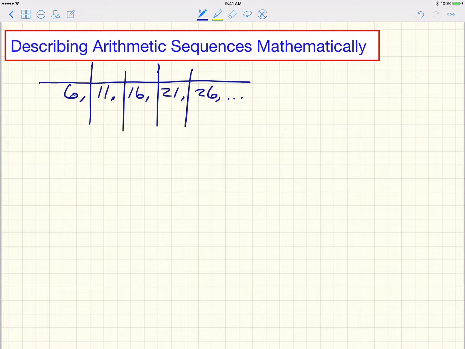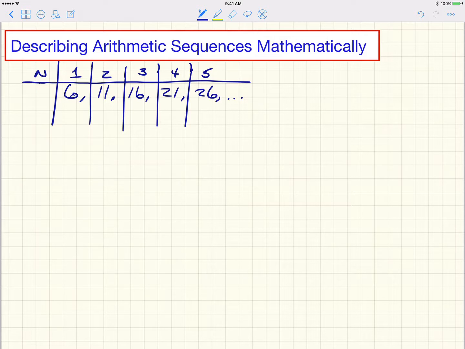Let's say that our first term we're going to call 1. That makes sense, the first term should be labeled number 1. Our second term should be labeled number 2, our third term 3, fourth term 4, fifth term 5, etc. Usually when we are referring to members in a sequence, we talk about the nth term, n, as in Nancy, or number.